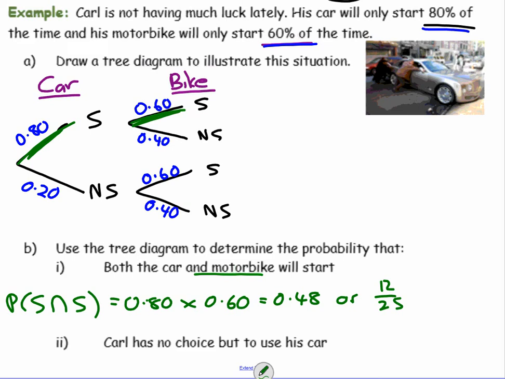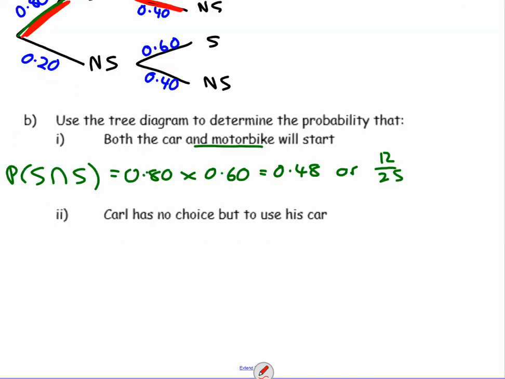Carl has no choice but to use his car. So no choice but to use his car means that the car is starting, but the bike is not starting. That's the outcome that would lead to him having to use the car. So probability of a start and a not start.